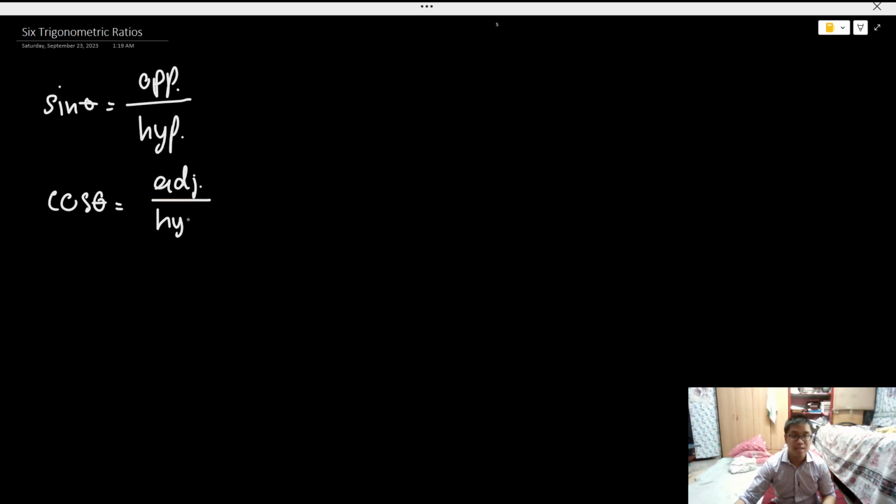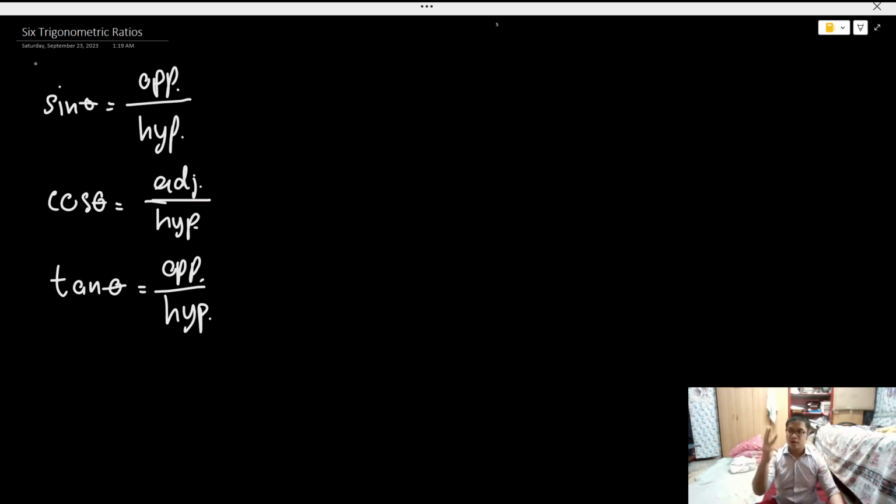By the way, it is still the same as the ratio of adjacent to hypotenuse, but I made it into a fractional form. Next is tangent theta, which is opposite all over hypotenuse. This is actually the three most basic trigonometric ratios.